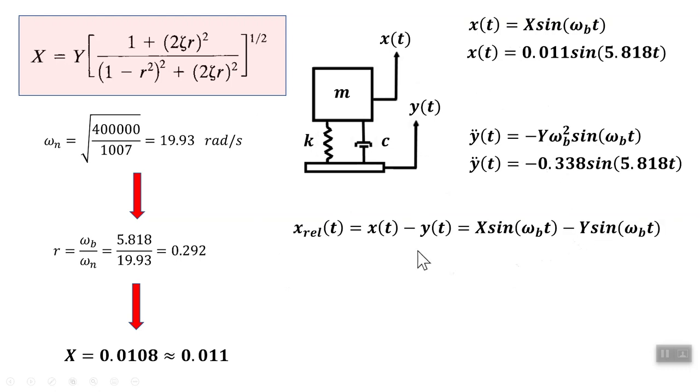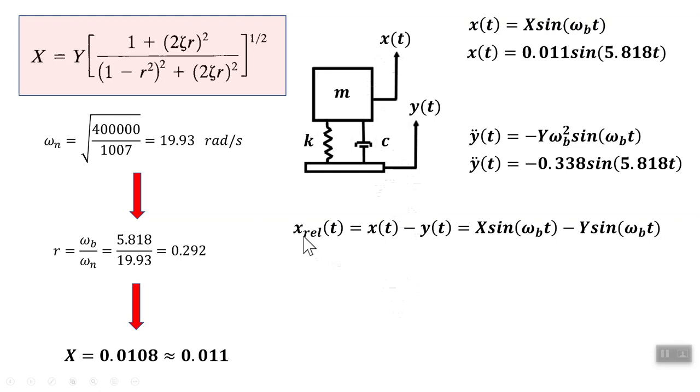Now, the relative displacement of the compartment is the difference between the little x and little y. Because little x and little y are the absolute displacements of the compartment and the base with respect to some fixed coordinate system.